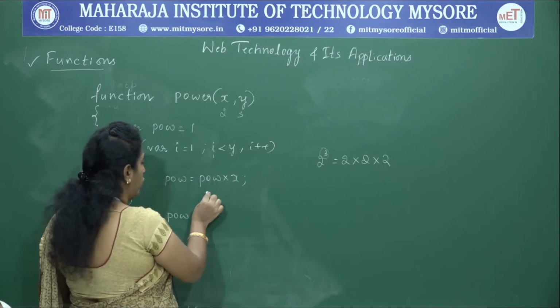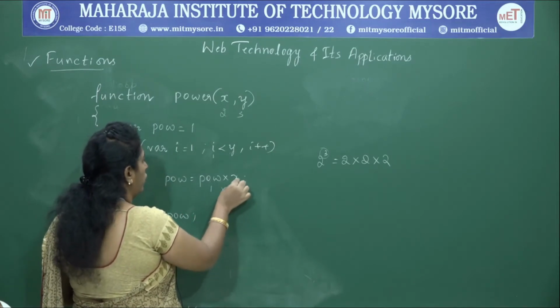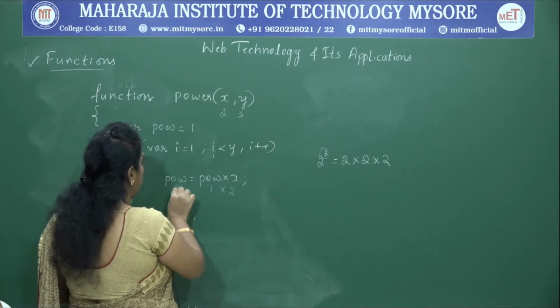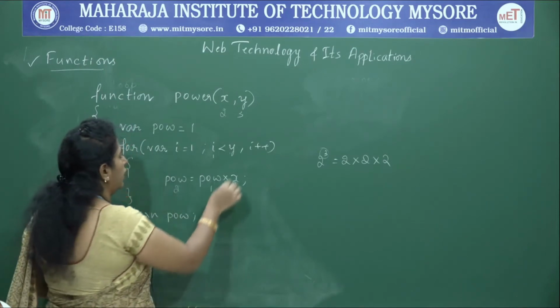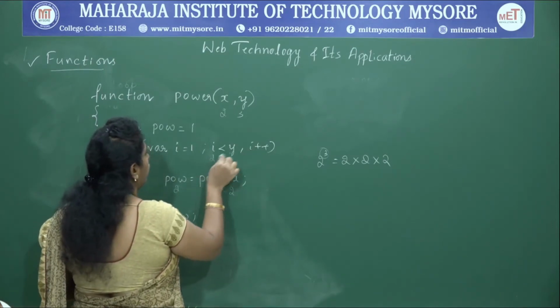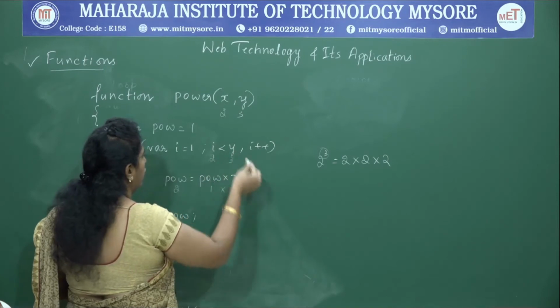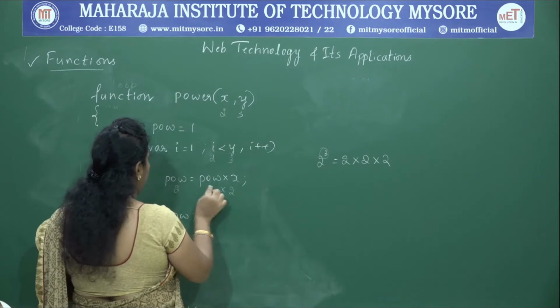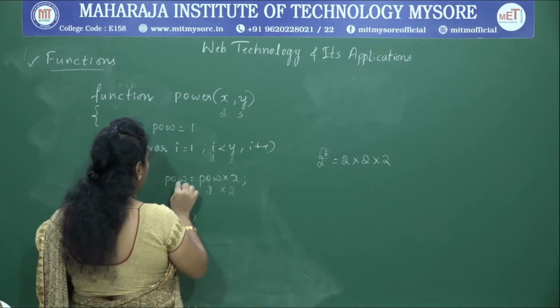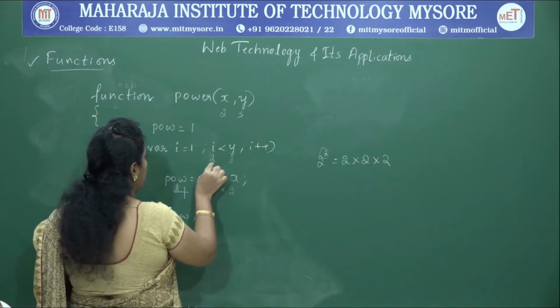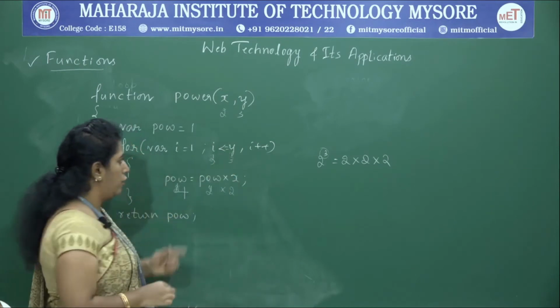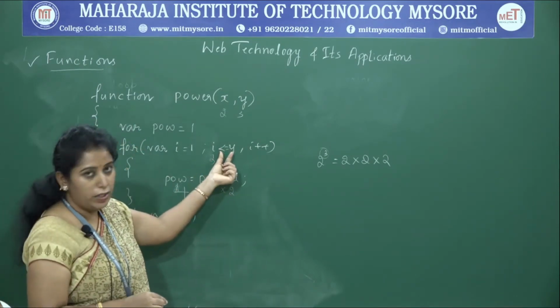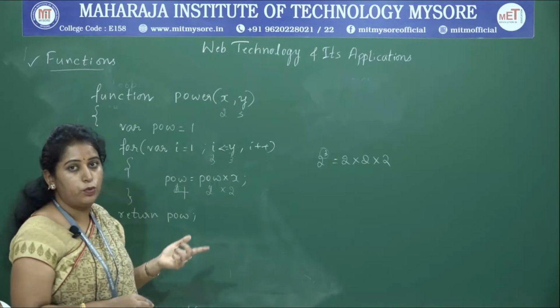So this condition becomes true. It enters into the loop. So 1 into what is x? 2. So power is now 2. After that i is incremented to 2. 2 is less than 3, true. So now what happens? It is 2, right? So 2 into 2 I will get 4. Now i is 3. What I have to do? I have to check less than or equal, then only it finds 2 power 3.